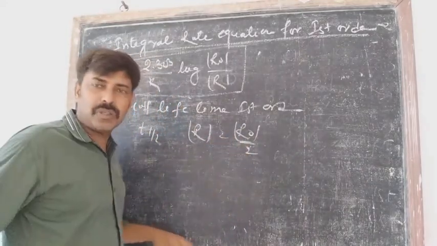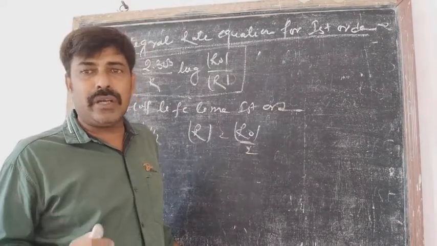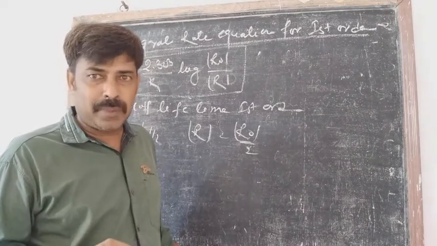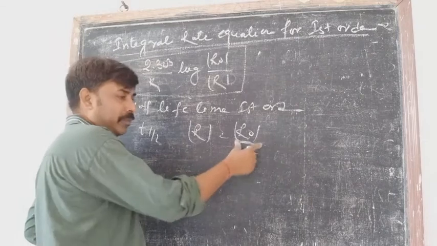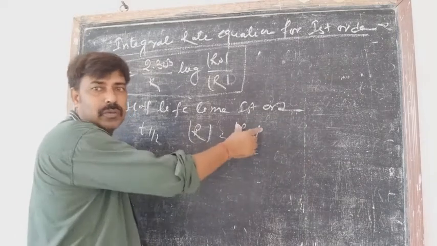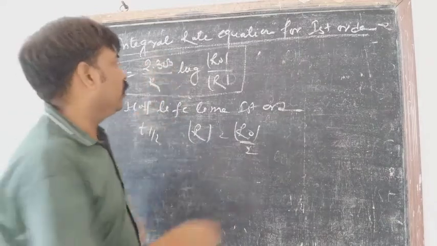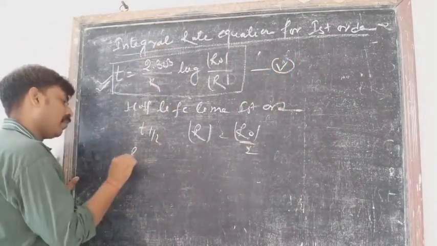This is the condition for the half life. We have already discussed that the time period in which the initial concentration becomes half is called the half life period. So the final concentration is equal to half of the initial concentration. We are just putting this value in this equation.